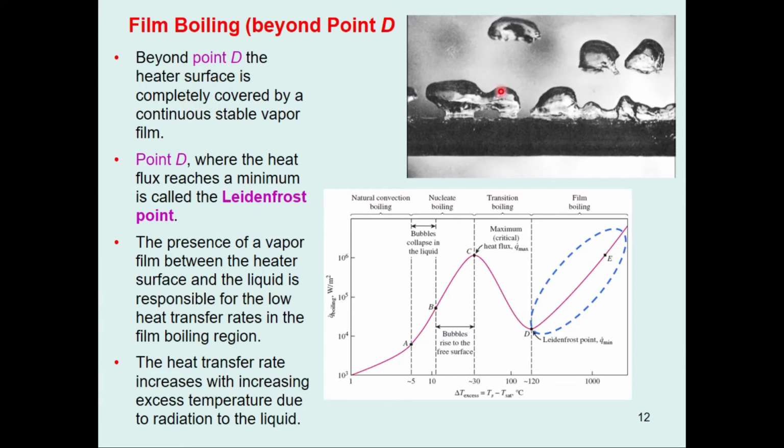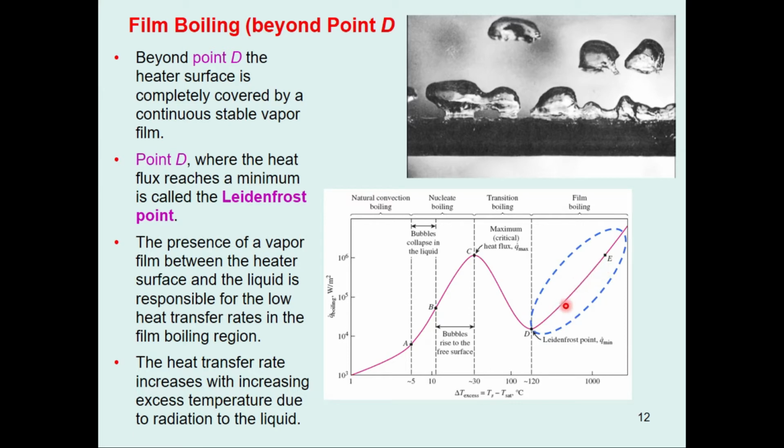If there is a continuous stable vapor film at the heating surface, the heat flux from the heating surface to the liquid is at the minimum value, and this is actually called the Leidenfrost point. So what will happen after the point D, there is still an increase in the heat flux, right?